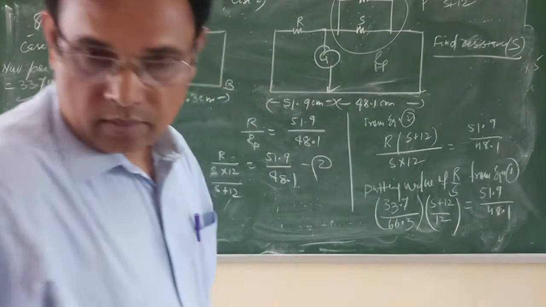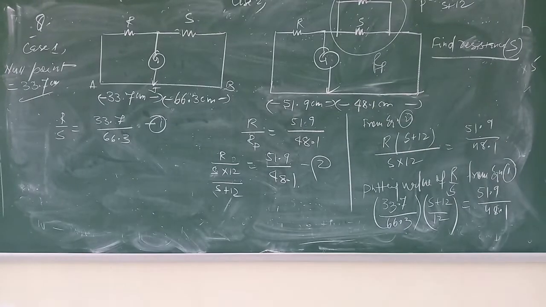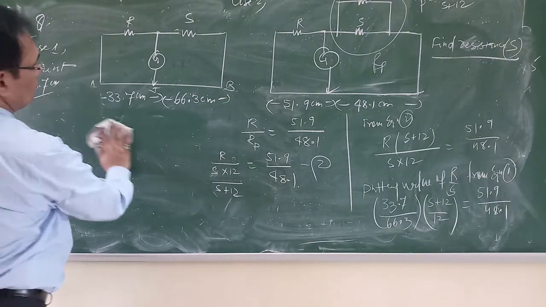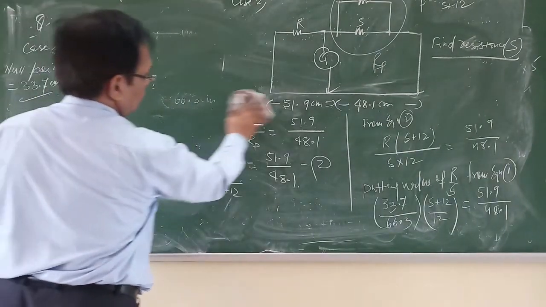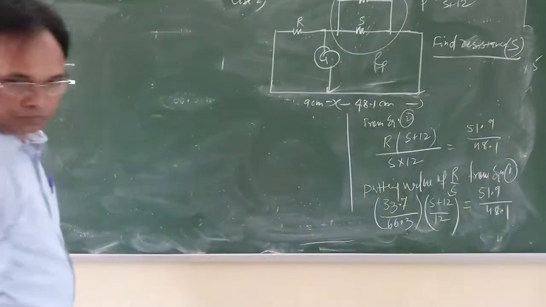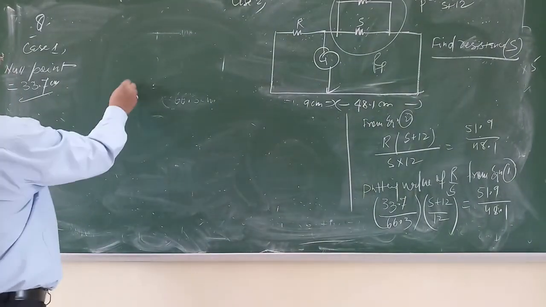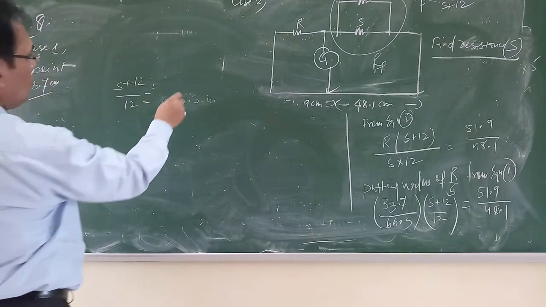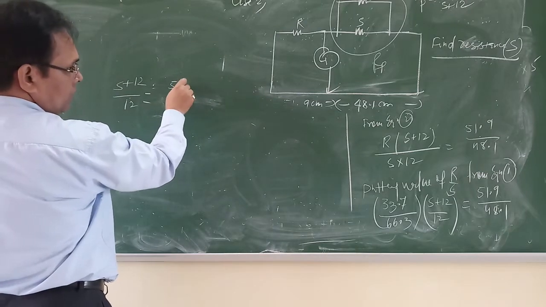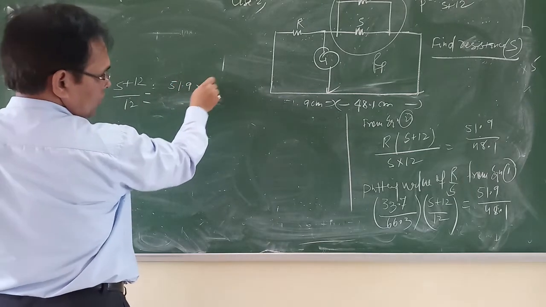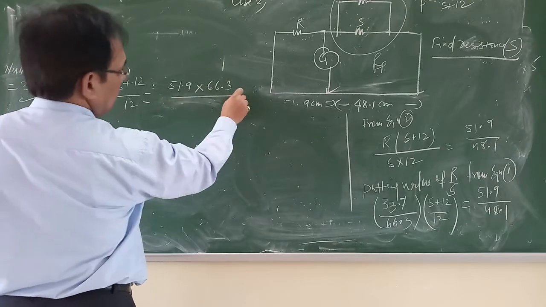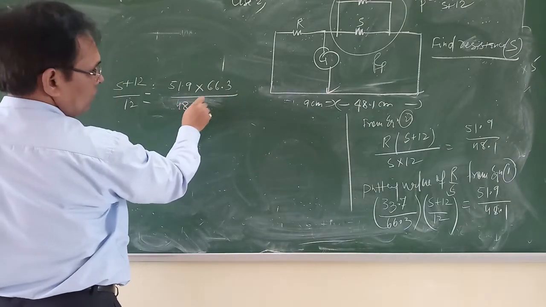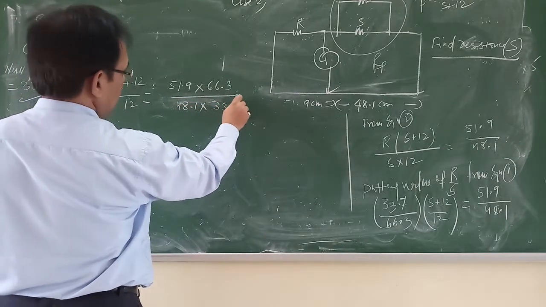And after that, you solve it. So S plus 12 by 12 equals 51.9 into 66.3 divided by 48.1 into 33.7.